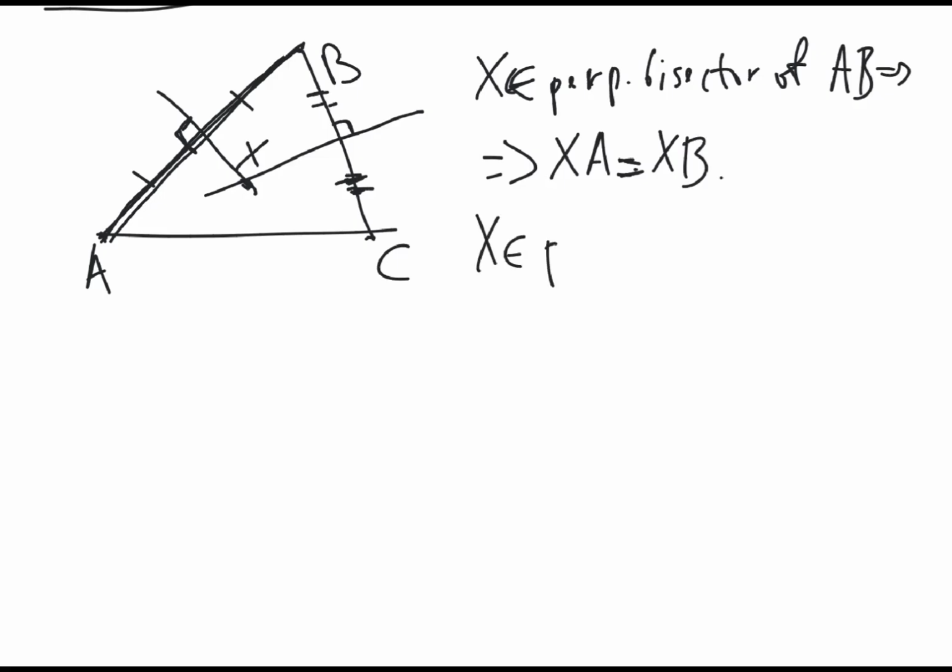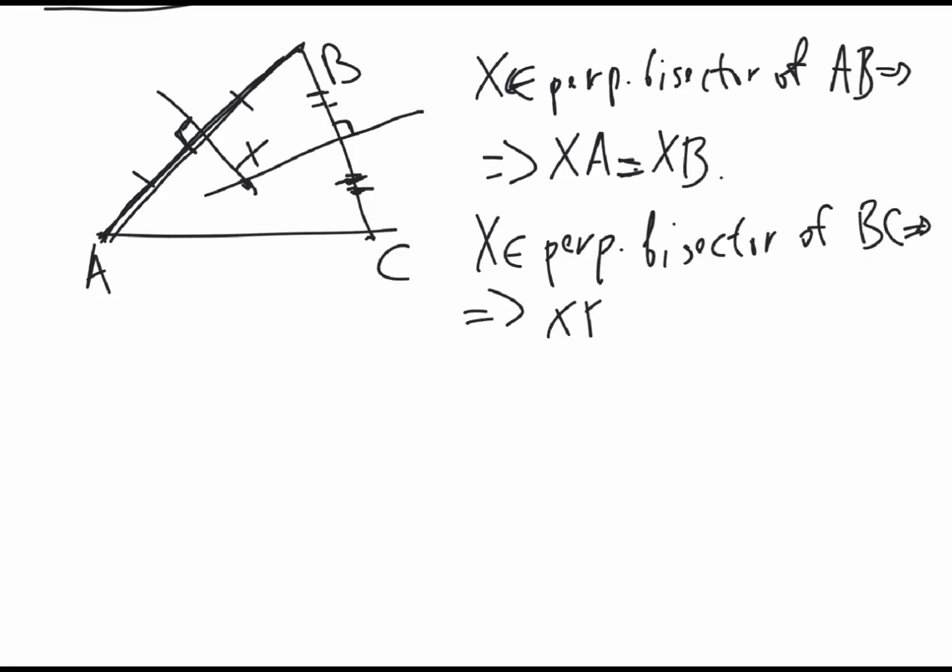Because it belongs to the perpendicular bisector of BC, it follows that XB is equal to XC.